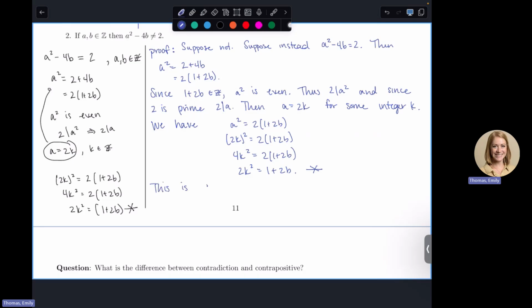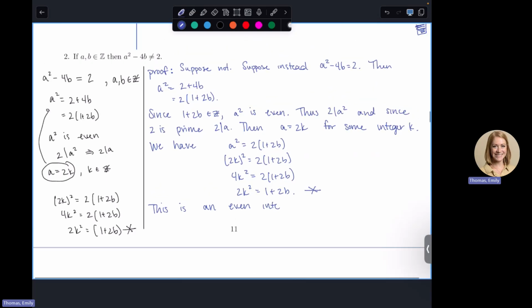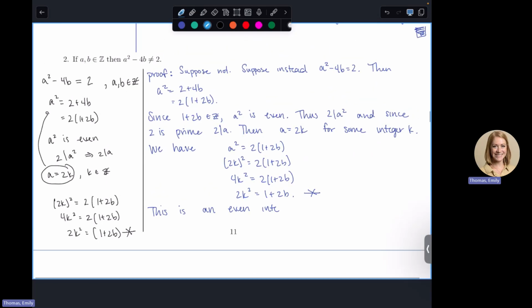This is an even integer. Uh-oh. Go way back up here and make sure that we know those are integers.